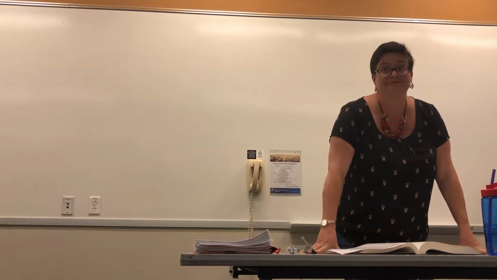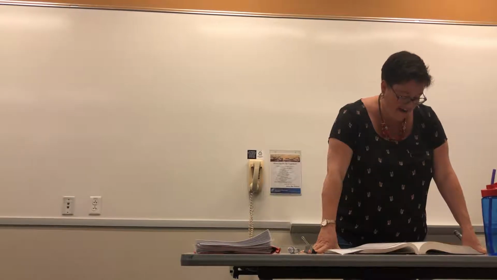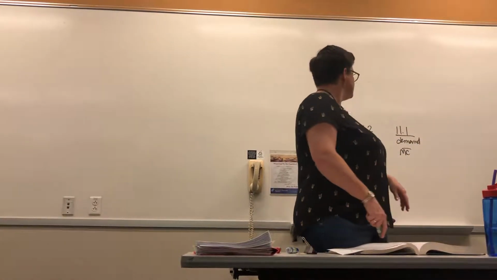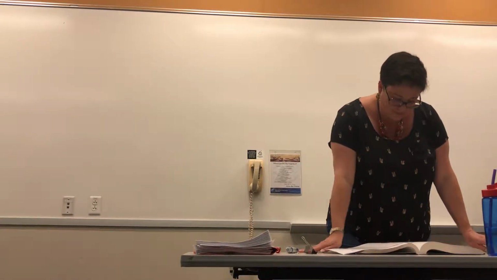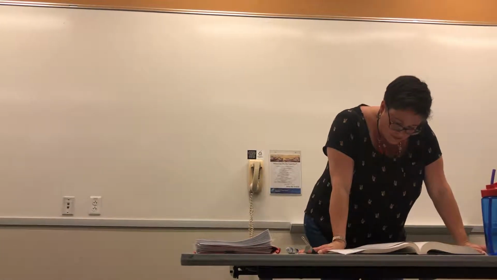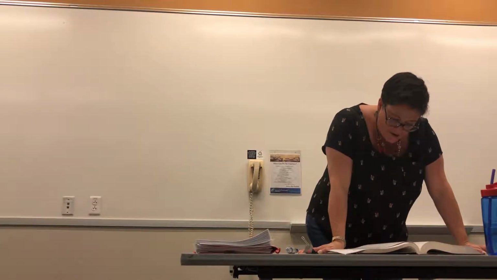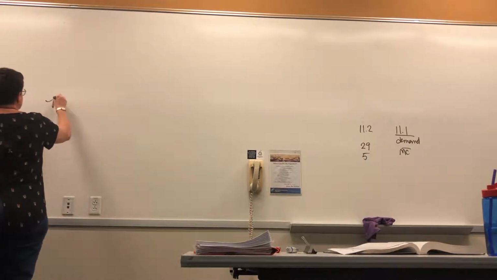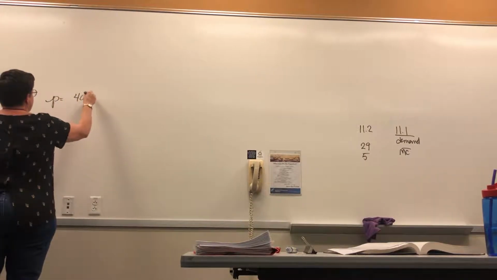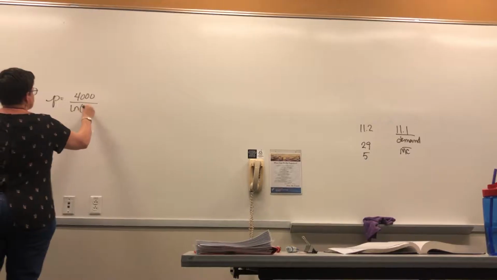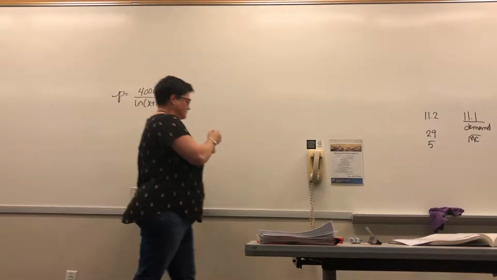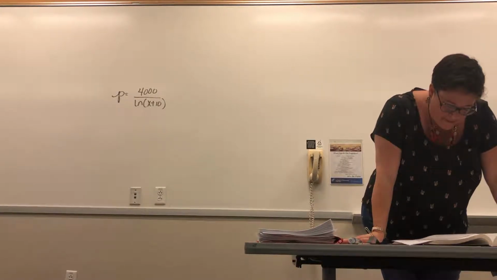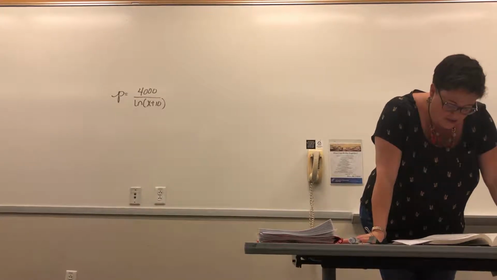All right, let's look at number 5 on 11, no, sorry, demand on 11.1. Oh, 4,000 over the natural log of x plus 10. So this is P equals 4,000 over the natural log of x plus 10, where P is the price per unit in dollars when X units are demanded.